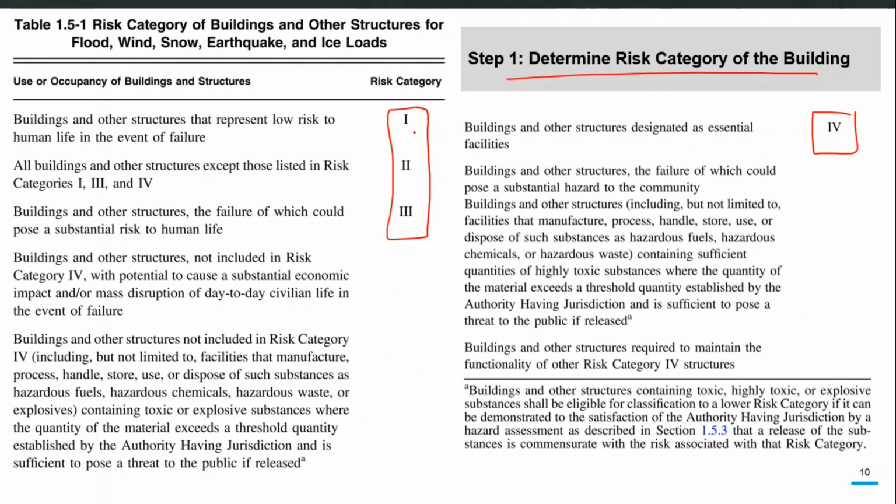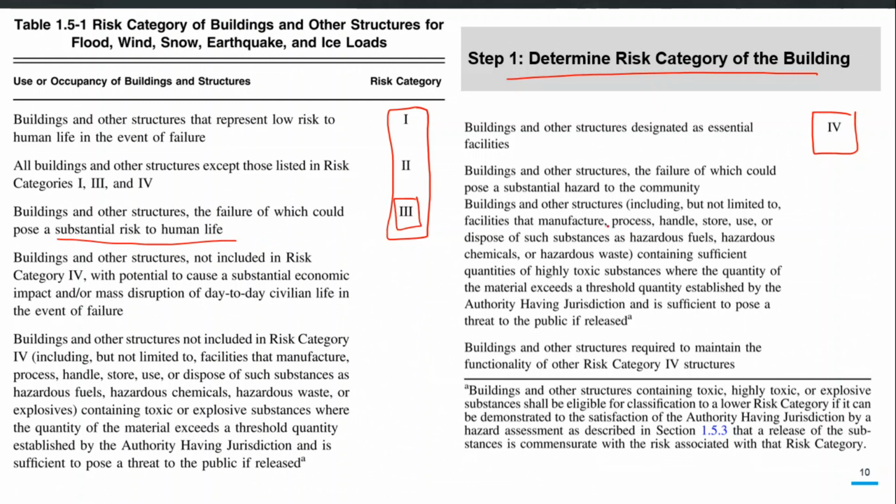1 is defined as a building or other structure that represents low risk to human life in the event of failure. So if you have a warehouse or any other structure in which no one is actually residing, then you may go for risk category 1. Similarly, for risk category 3, if you have a building or structure where the failure could pose a substantial risk to human life, you can assign risk category 3 to your building.